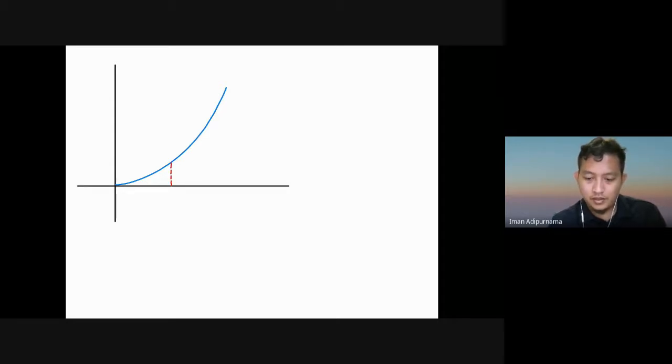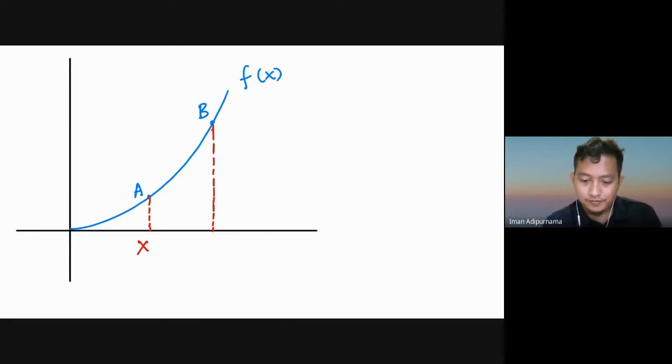Okay, this is the f of x, and let's say we have x here, and we have another point, and let's say this is our A and B from the picture before, and let me make a line. Okay, that's the AB line, the second line. Okay, and this is the function, this random function there.